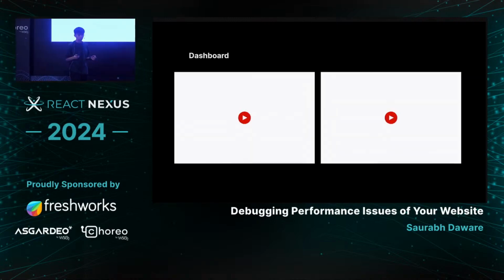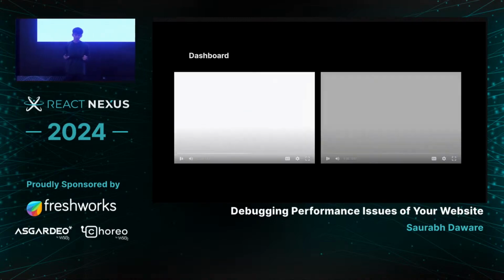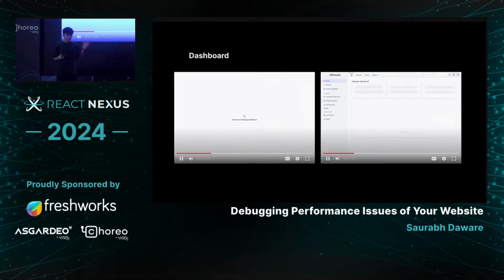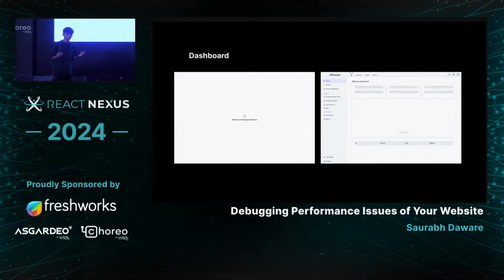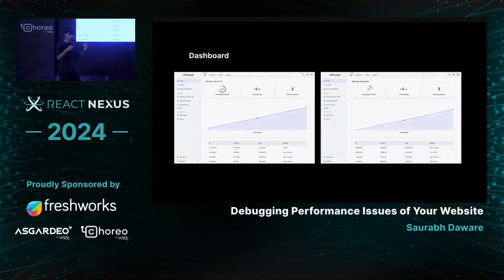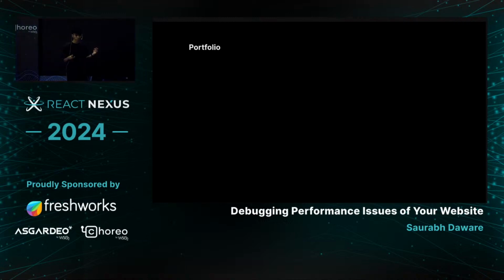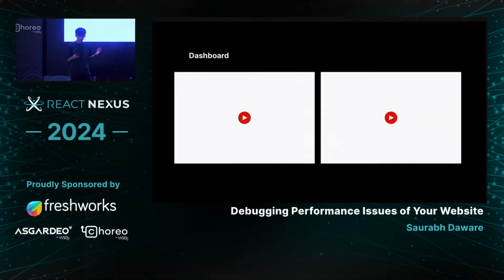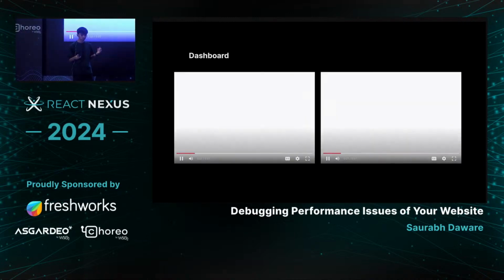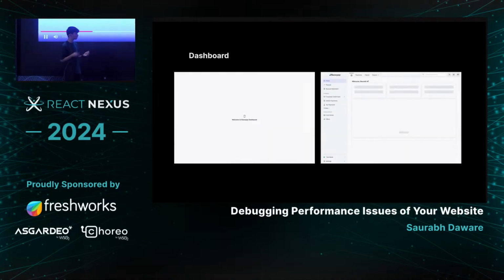Let's see the other example. In a dashboard, on one side I have a loader. On the other side, I have skeleton loaders, and I'm already rendering some static things, for example this navigation bar and top nav that you see.